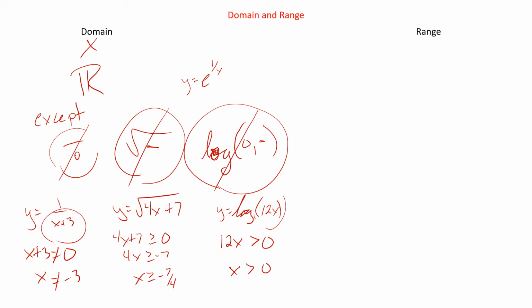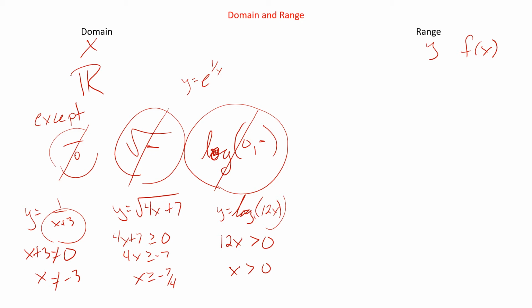And then the range is everything that y, or f of x, can equal. For the range, at this point, there's not much you can do other than graphing it, looking at what the y values are, and things like that. We do have ways of finding these things, but it requires calculus, so we'll get to those next year. But right now, to find the range, you could graph it.